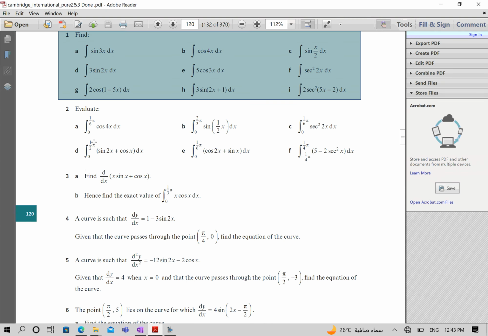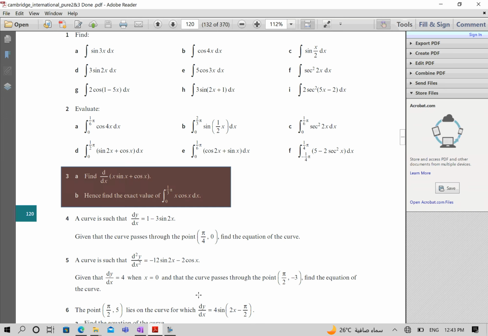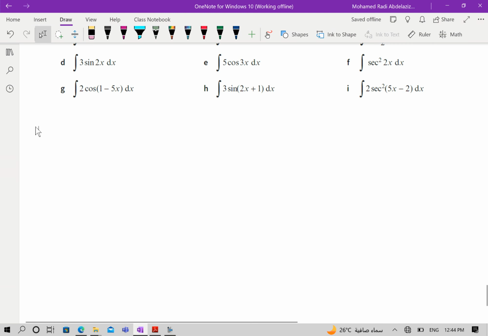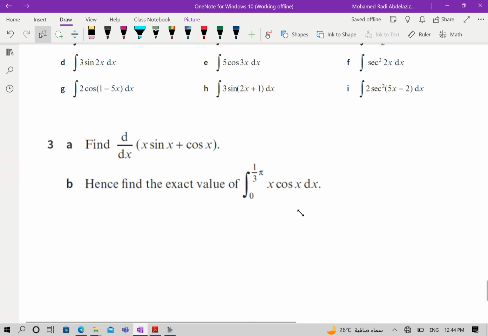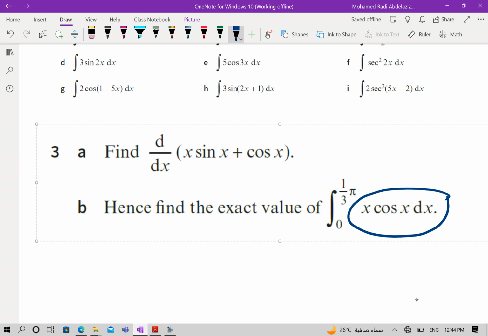Some questions are given by limits. Look at question number 3, which is different. If you look directly at part B, if I ask you to integrate x cosine x, we haven't studied it till now.